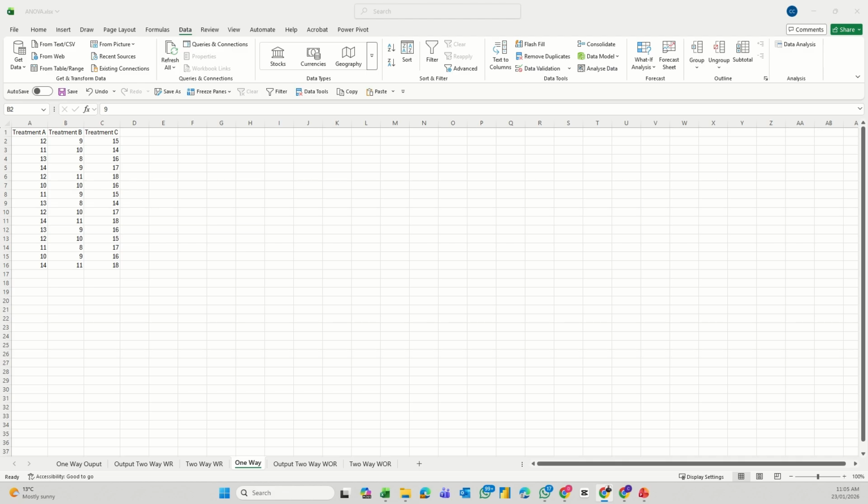If our p-value is greater than our alpha level, we fail to reject the null hypothesis. As I told you before, we don't claim to accept the null hypothesis, so we fail to reject it.